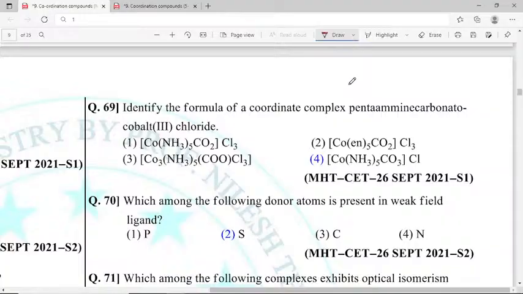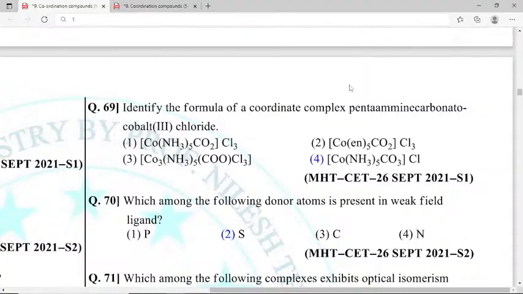Identify the formula of the coordination complex. That's pentaammine carbonato cobalt(III) chloride, [Co(NH3)5CO3]Cl. Check the oxidation state, very important. Cl is -1, so the complex is +1.